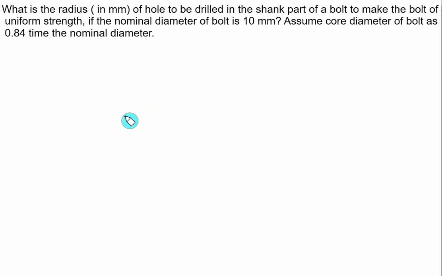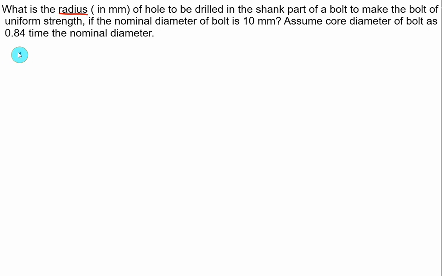In the second question on uniform strength, we have to find the radius. Previously, we had to find the diameter, so be specific about what is required. This time we require the radius, not the diameter, of the hole to be drilled in the shank part of a bolt to make the bolt of uniform strength. The nominal diameter is 10 mm and the core diameter you have to take as 0.84 of the nominal diameter.